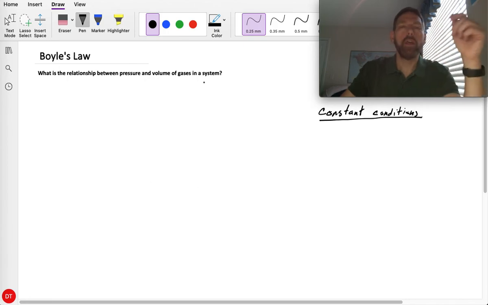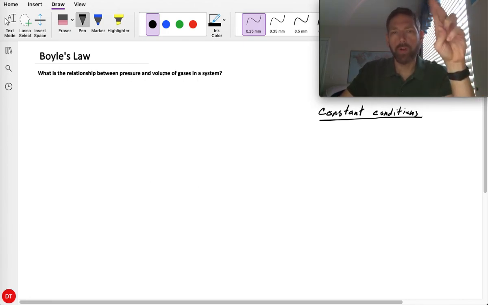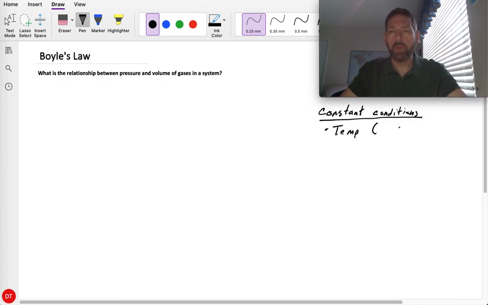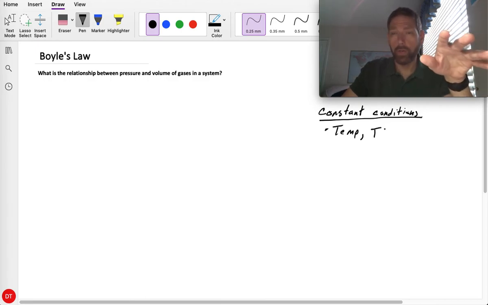So one, if we're looking at the relationship between pressure and volume, then one of our constants is probably going to be the temp, right? And remember, temperature is always a capital T. So we're assuming a constant temperature, so there is no change in temperature.